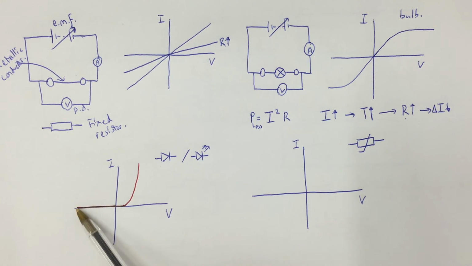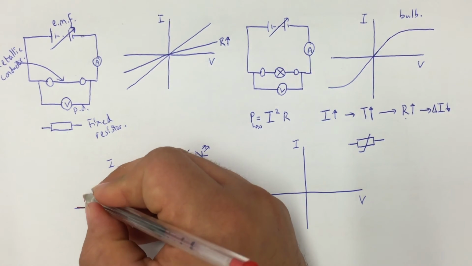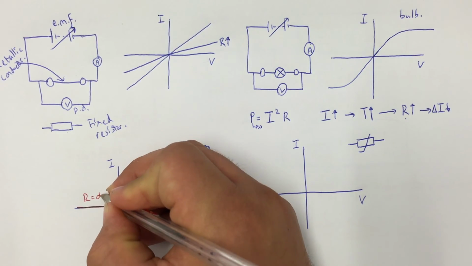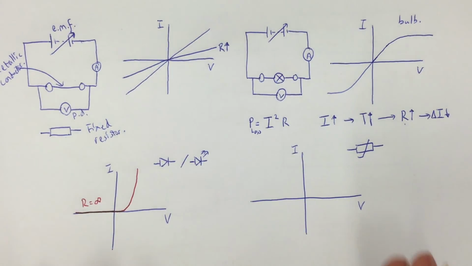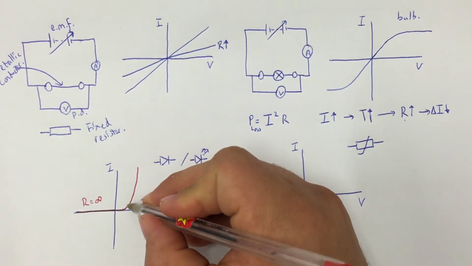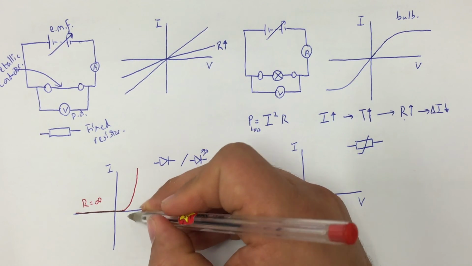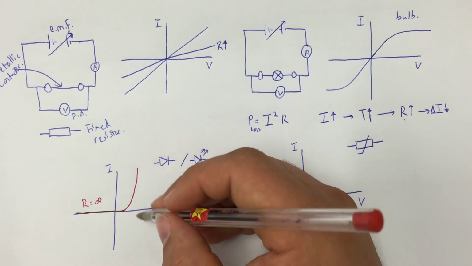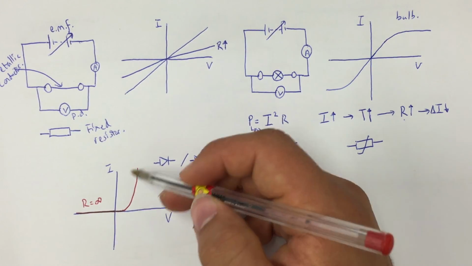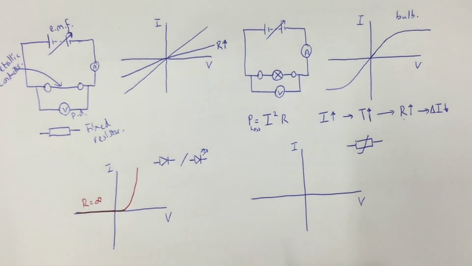It's at 0 in the negative direction, because at this point we pretend that resistance is infinite. It's got a ridiculously high value, and as it gets past a certain voltage, the working voltage of the diode, then the resistance decreases hugely, and it just allows the current to flow through.